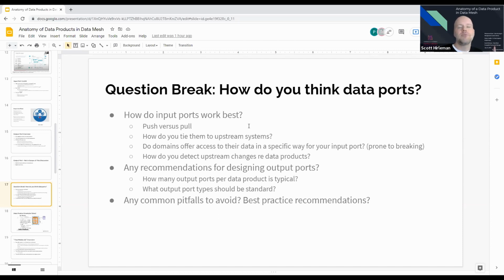How do you detect your upstream changes and things like that, so that you're monitoring data quality as it's coming in? And how should people think about designing their output ports, and just broadly any pitfalls?